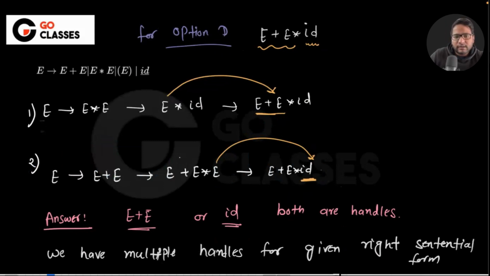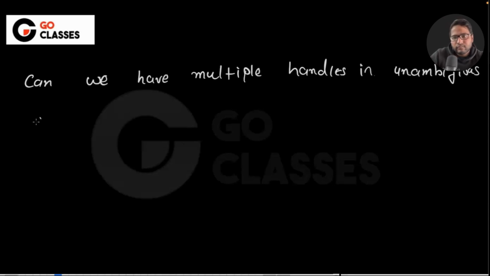My question is that, can we have multiple handles in unambiguous grammar? You should be able to answer this. Yeah, the answer is no, right?